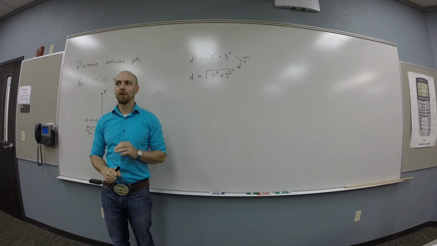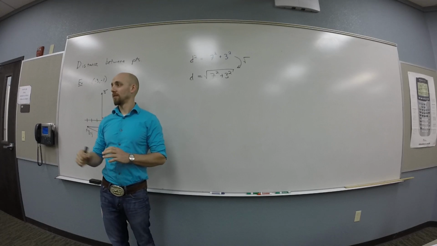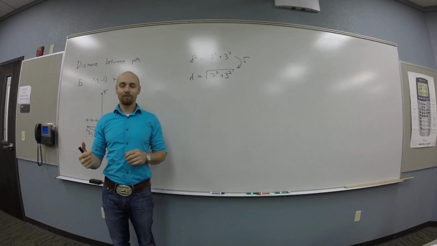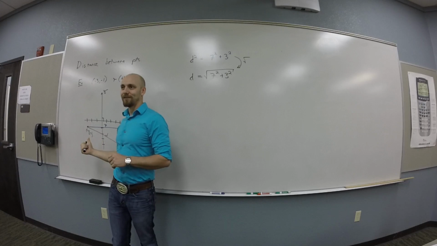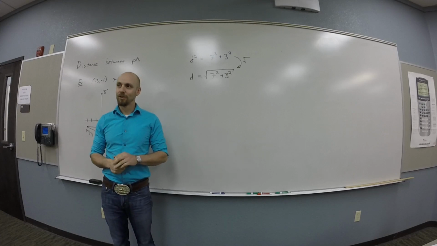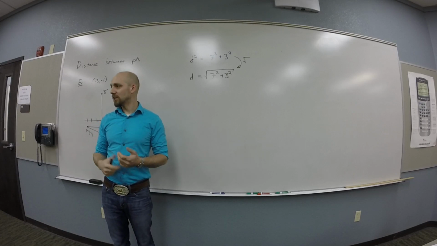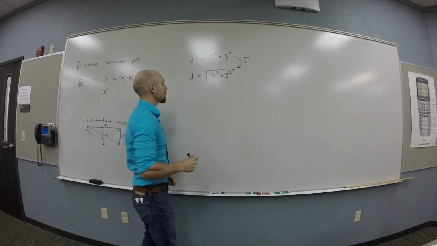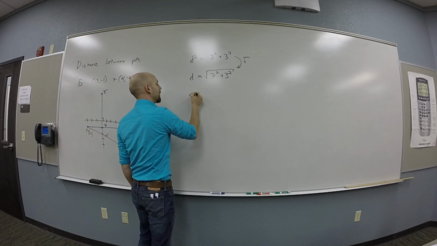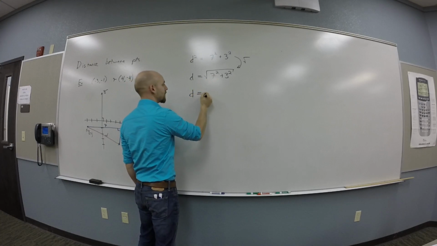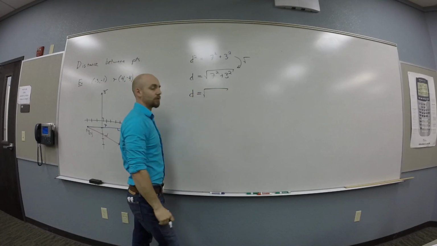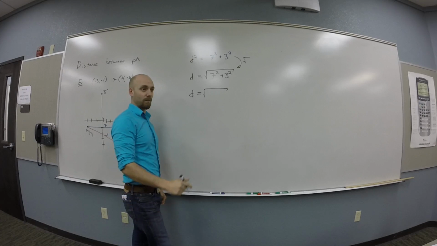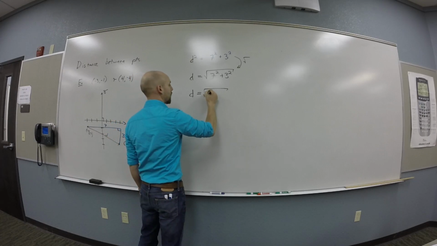Why don't I have plus or minus here? Yeah, we already laughed about a negative. Negative distance doesn't make any sense, so I'm going to pitch the negative half of the square root. So in this particular problem, I've got d as the square root of 9 plus 49, which is the square root of 58.